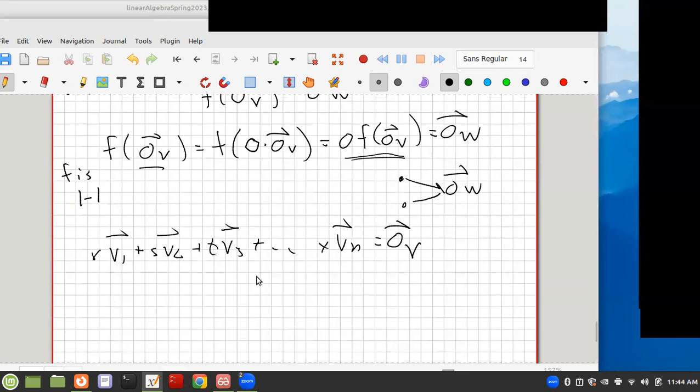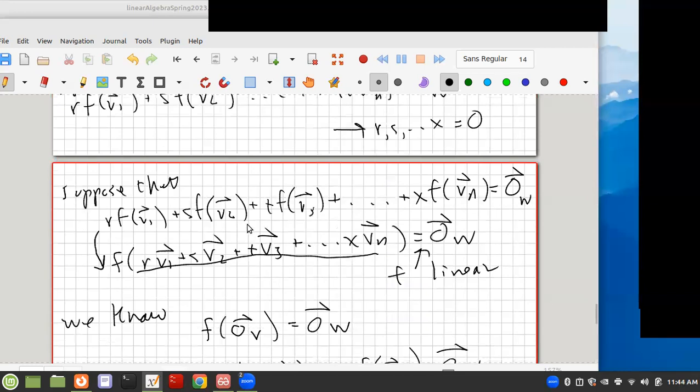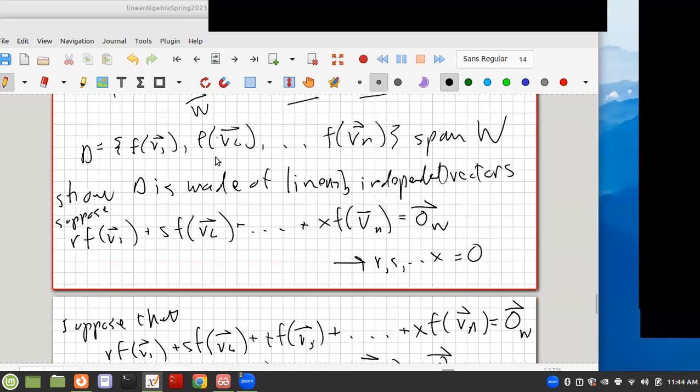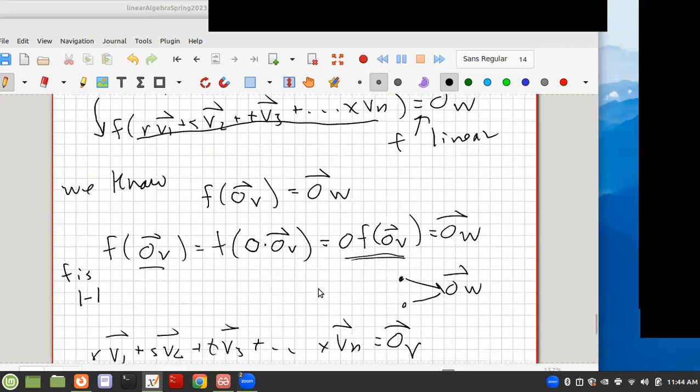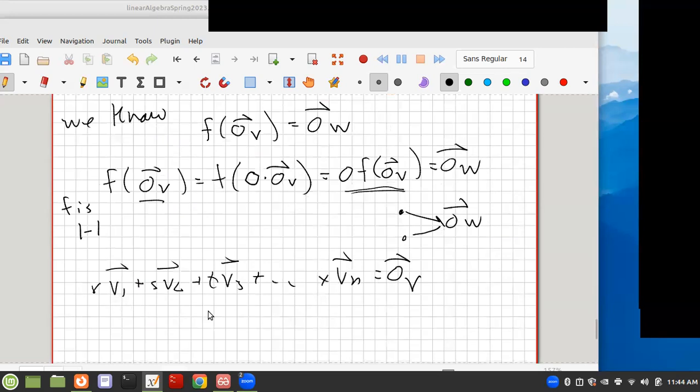So I used the fact that it's 1 to 1 to say that this 0 vector has to equal this linear combination. The goal here is to show that these vectors up here are linearly independent. So I'm supposing this is 0, and I've moved that back to an expression in V. Now it turns out the V's are linearly independent themselves. Why? Because V is a basis.